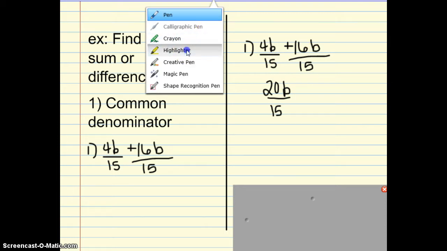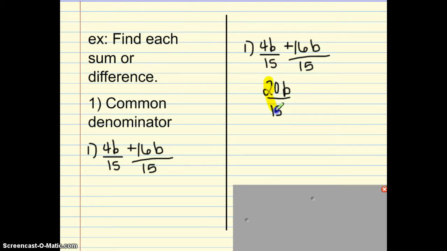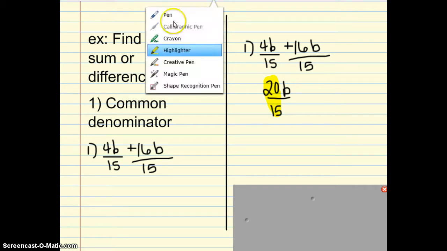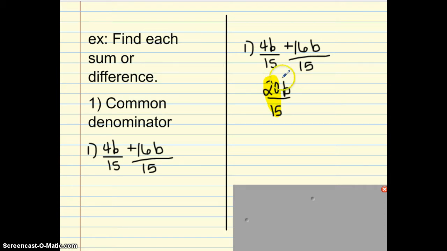Now, 20 over 15 simplifies down. We can divide each of those by 5, and we will get 4 over 3, and our b just stays right where it is.